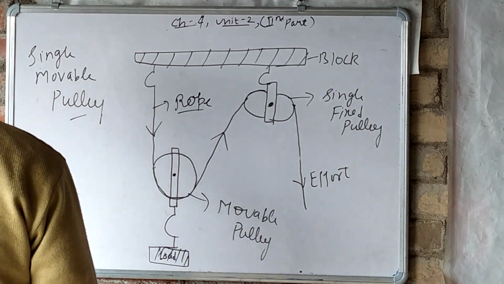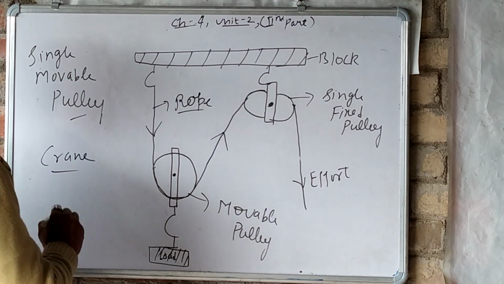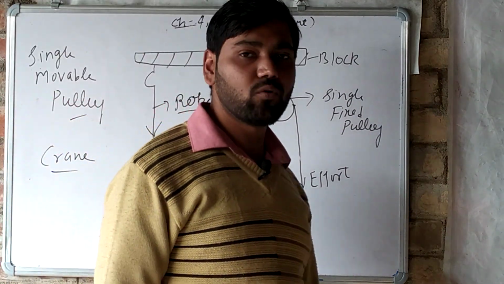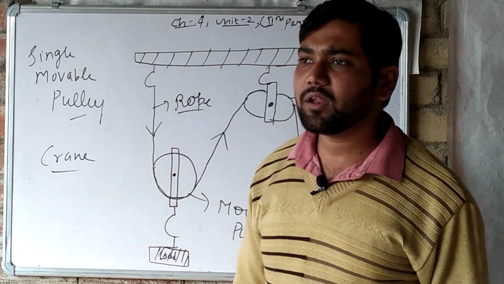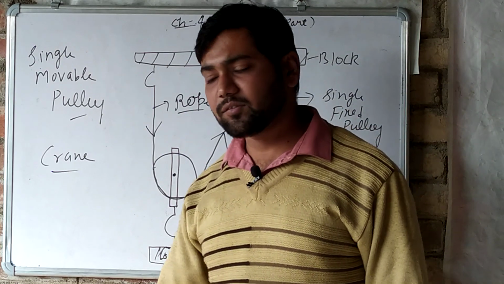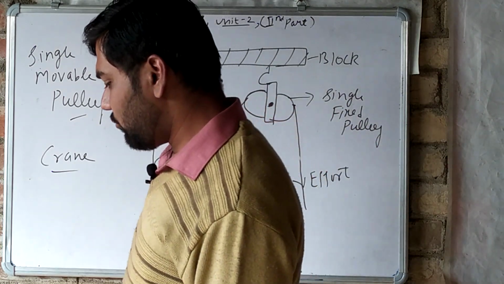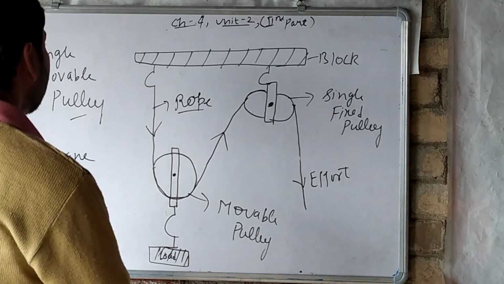Suppose a crane, what does the crane do? It takes heavy scraps or heavy materials from one place to another place. So we can consider the crane as an example of a single movable pulley.